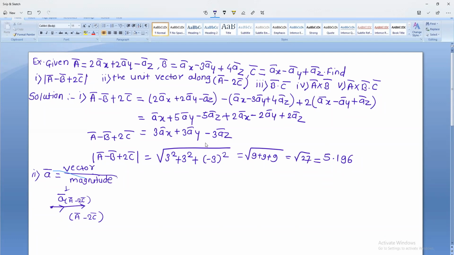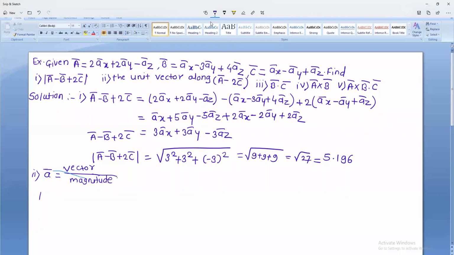So let us solve. Now we have to find unit vector, we require this vector and divided by its magnitude, means mod.